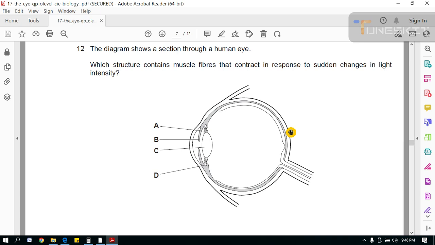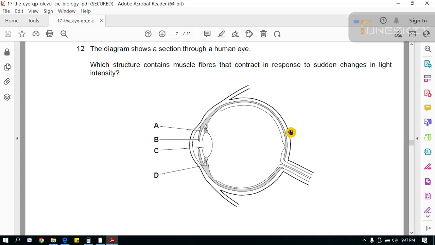So which structure contains muscle fibers that contract in response to sudden changes in light intensity? That is the iris, because in the iris there are muscle fibers which contract when there is a change in the light intensity.